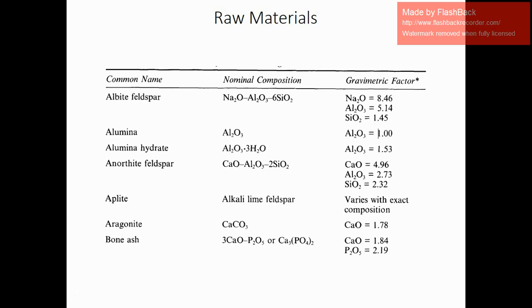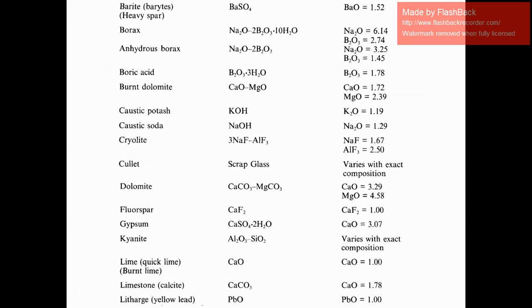So these are the different types of raw materials. For B2O3 we get borax and boric acid, then caustic potash, caustic soda, cryolite, dolomite, which is a general purpose raw material for calcium oxide and MgO, and then fluorspar, kyanite, gypsum.